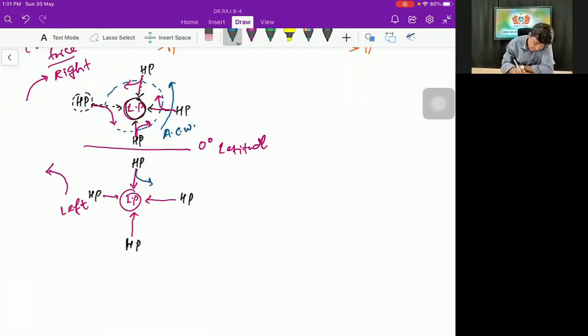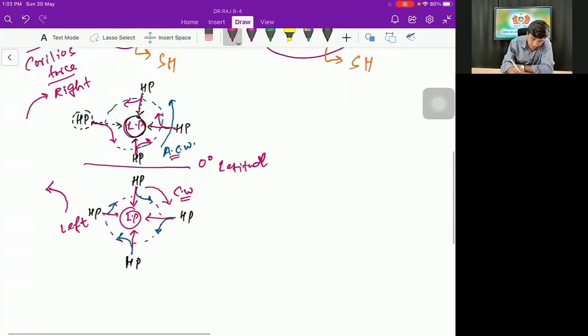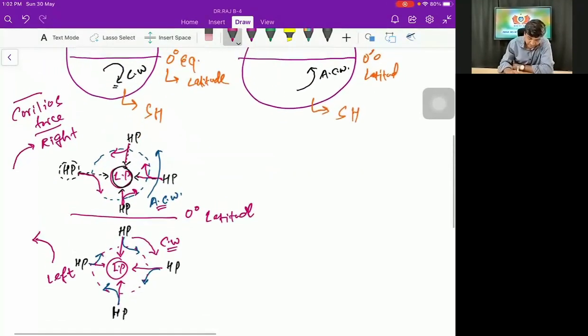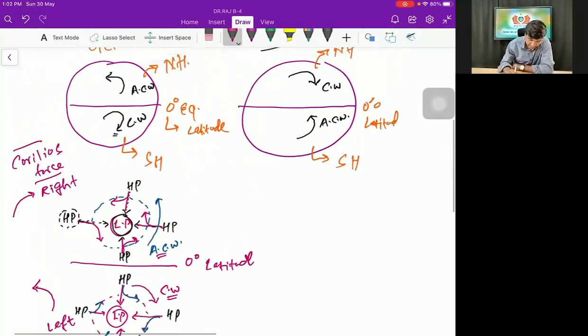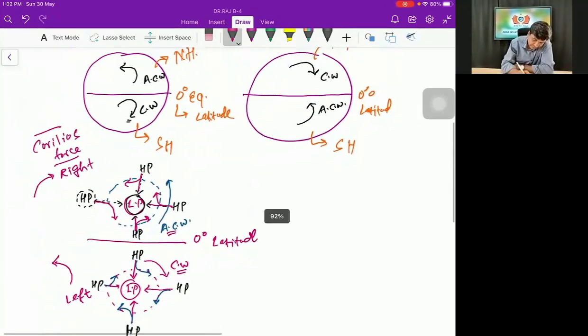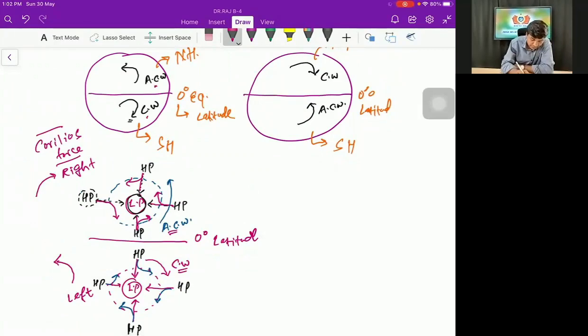When you connect these points, this is the direction of wind, which is the cyclone, and that is clockwise. This is clockwise, and here anti-clockwise. Very, very important. So cyclones move anti-clockwise in the northern hemisphere and clockwise in the southern hemisphere.